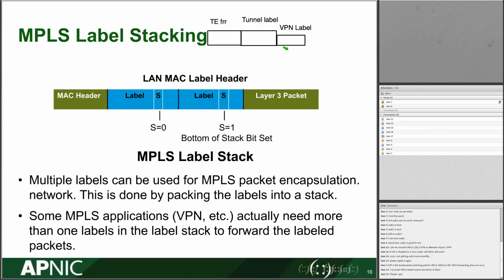Okay, so here the VPN label S will be 1, and here S is 0, and here S is also 0. So 0, 0, 1. You see, only the last one is the bottom of stack, so S is 1. So this is label stacking.